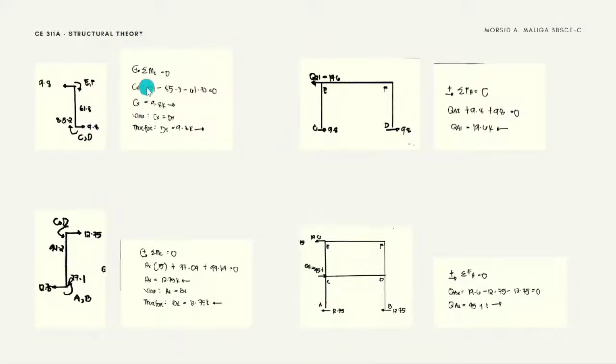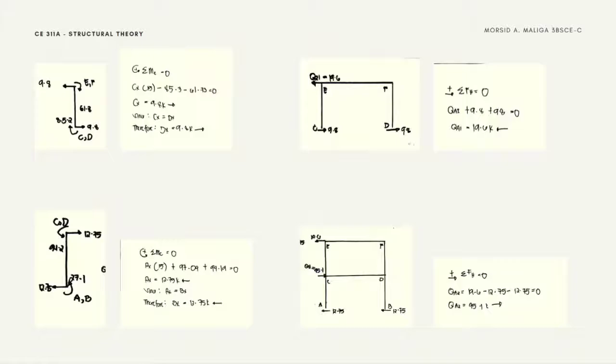The summation of moment E is equal to 0. So let's assume that counterclockwise is positive and clockwise is negative. So to solve it, Cx times 15 minus 85.3 minus 61.73 is equal to 0.